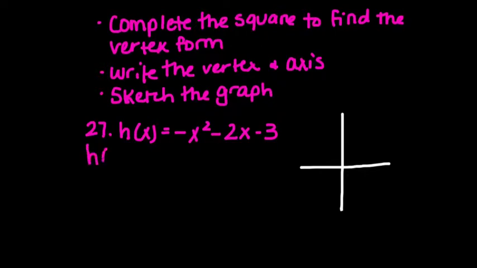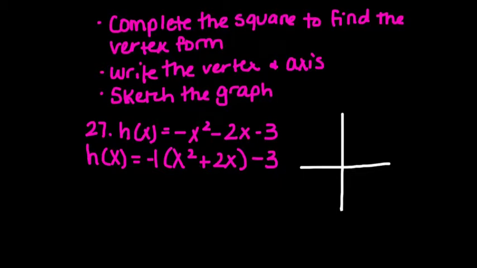Doing so gives me h of x equals negative 1 times the quantity x squared plus 2x, and I still have the minus 3. If you were to check this, you could distribute this negative 1 back into these 2 terms, and you would still have what we started off with. So I just pulled out that negative 1 from the first 2 terms.